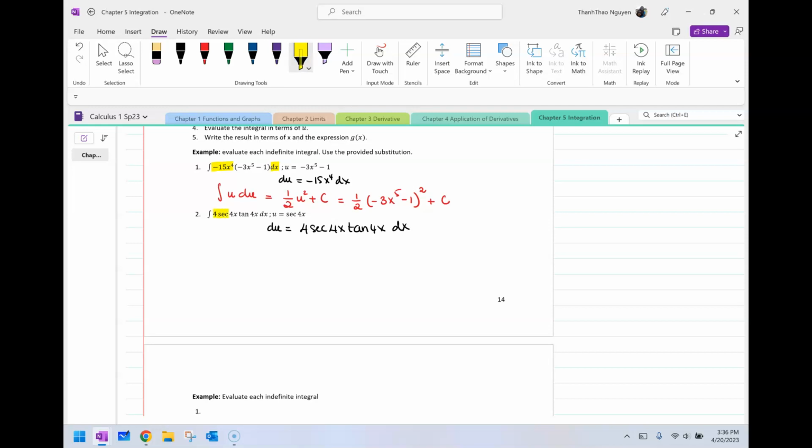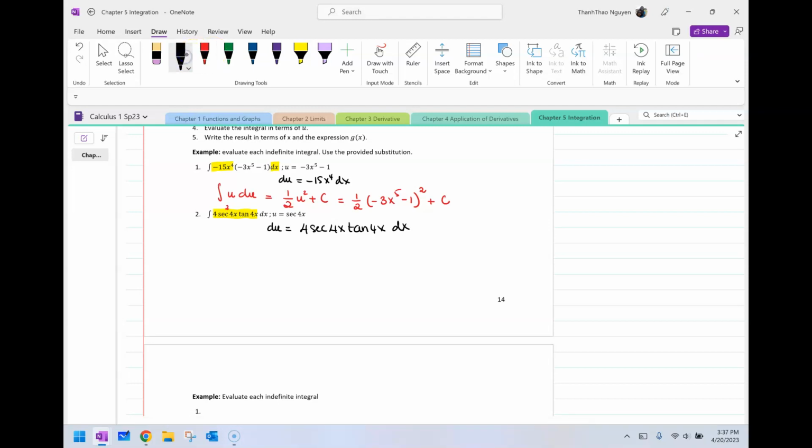We get 4 secant 4x tangent 4x dx. I just realized I made a typo here. This should say 4 secant squared of 4x tangent of 4x.